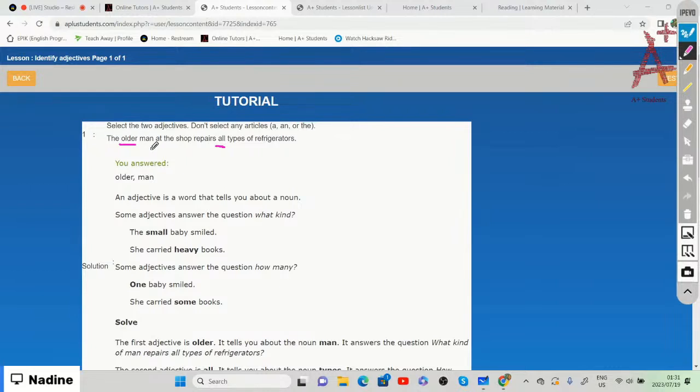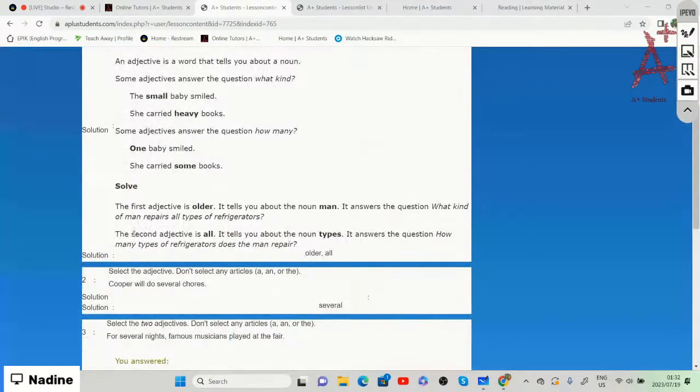So what kind of man? It's an older man. And all types, right? All being the adjective that describes the noun, which is types, and it tells us how many. So older and types.